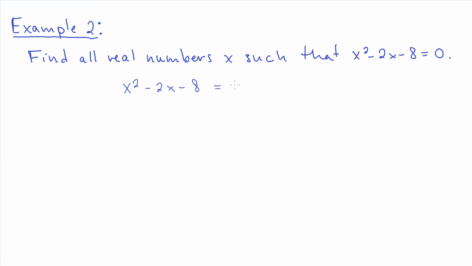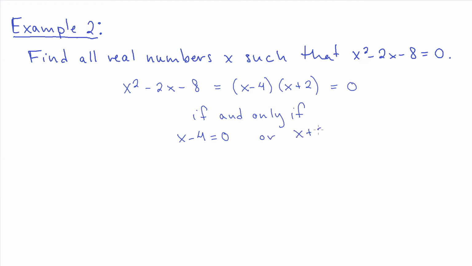And we know from the first slide that we can factor that, we can reverse FOIL and get x minus 4 times x plus 2. And so that is equal to 0 if and only if, so precisely when, x minus 4 is equal to 0 or x plus 2 is equal to 0.